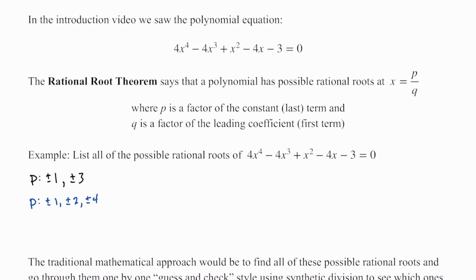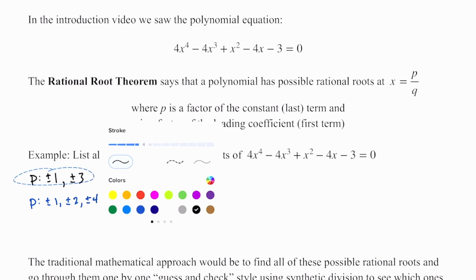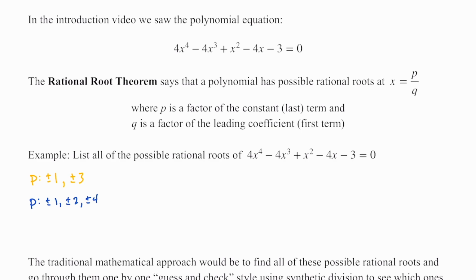Let's change this top color to look a little better. There we go. So now we have all of our P's and our Q's: plus or minus 1 and 3, and then plus or minus 1, 2, and 4. Those are the factors of the 3 and the 4. If we then write them in this P over Q format, we would have all of the possible x values.